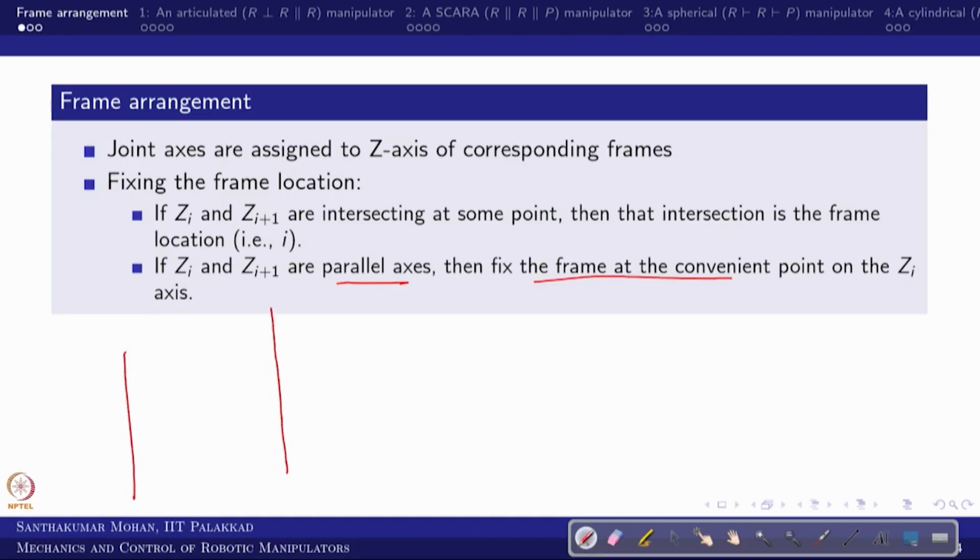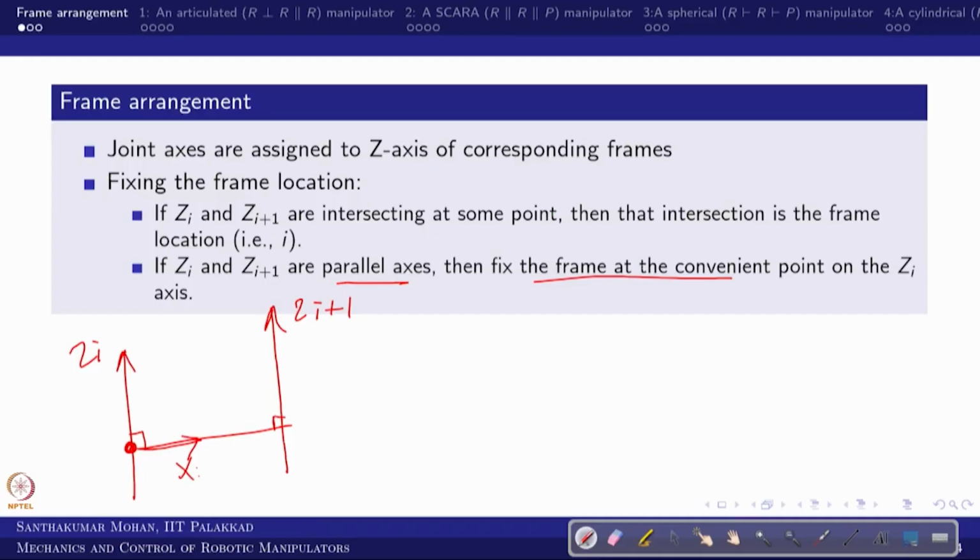Here you can see zi and zi plus 1, so you can fix it anywhere on a convenient basis. In that case, you draw the common normal, and then your xi can be fixed accordingly. This is the whole idea.